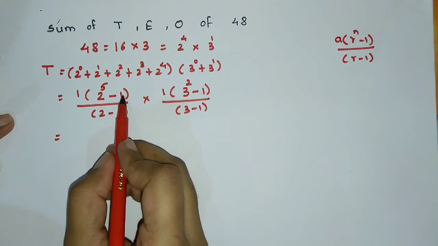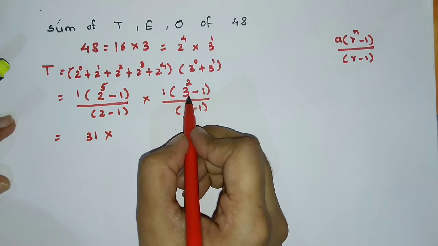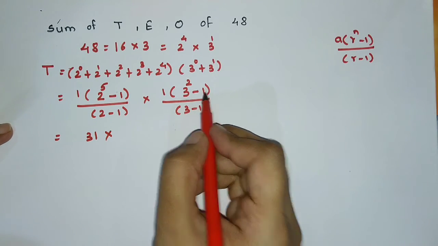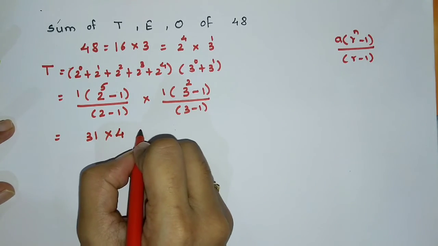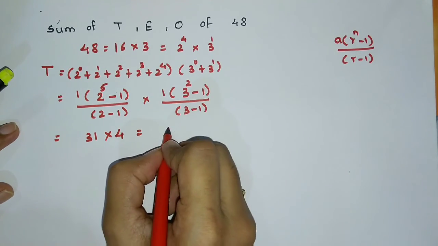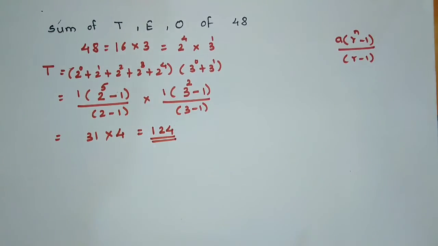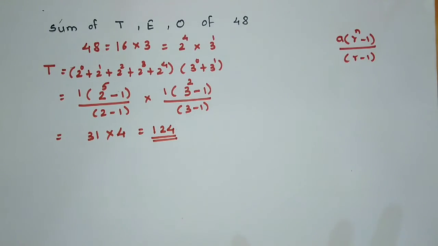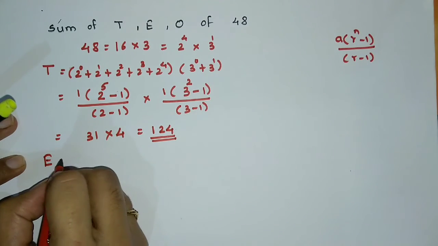This is 32, 32 minus 1, 31, 31 into 9 minus 1, 8, 8 by 2, 4. 124 is the sum of the total factors. Now, for the sum of even factors.